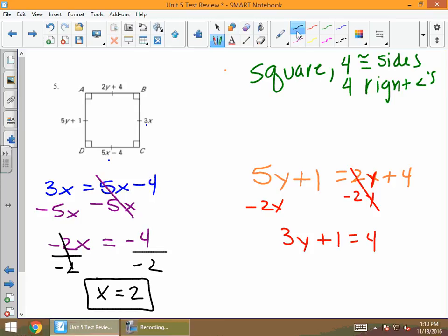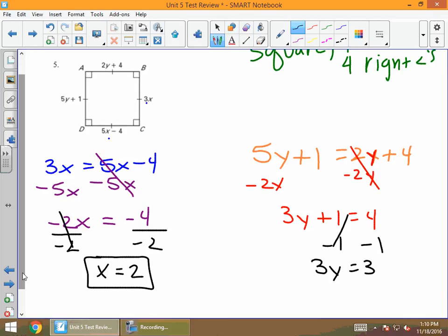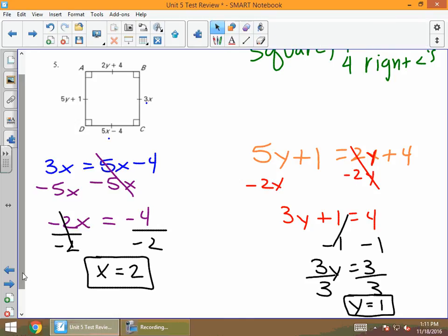Now how are we going to solve it? Move the 1 over. The 3y is equal to 3. And then how are we going to get y by itself? Divide by 3. Y is equal to 1. And the only thing you can do with sides is set them equal to each other. That is it. You just find the side that has the same variable, set them equal, and solve.